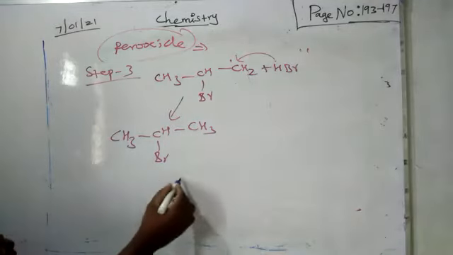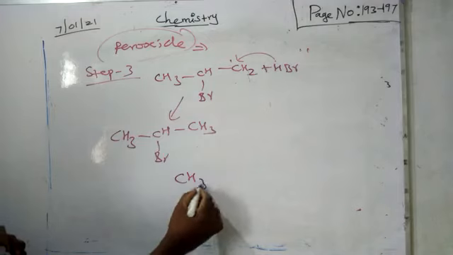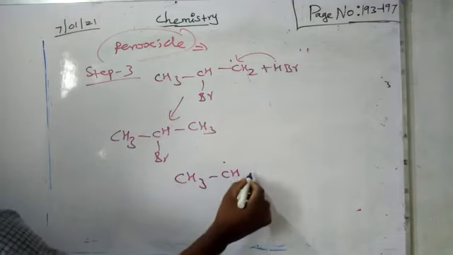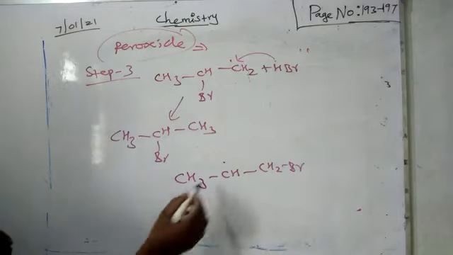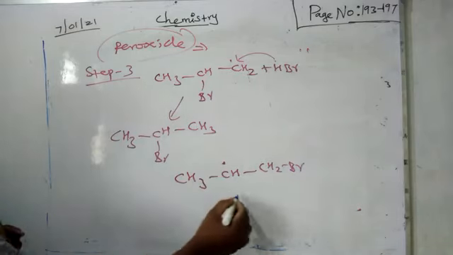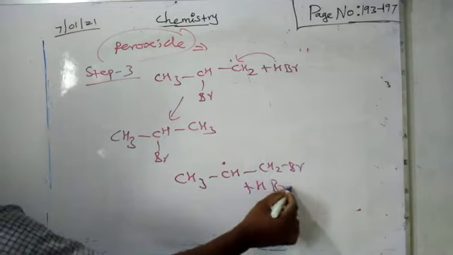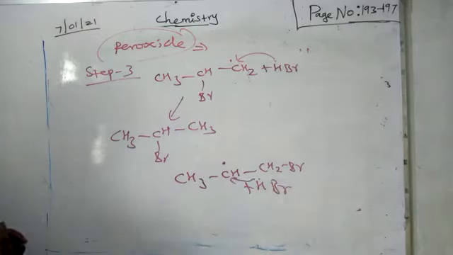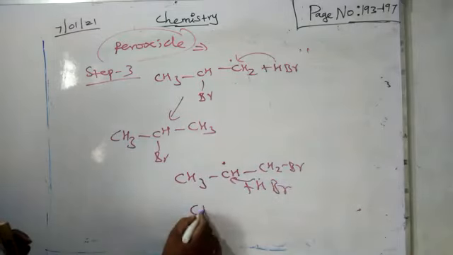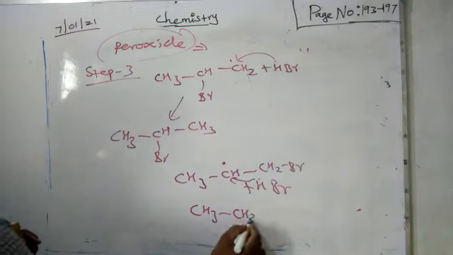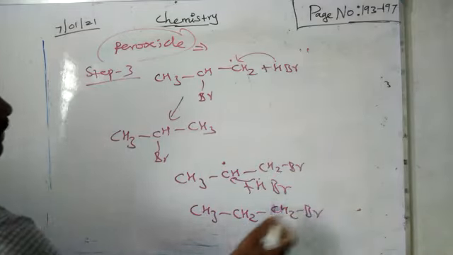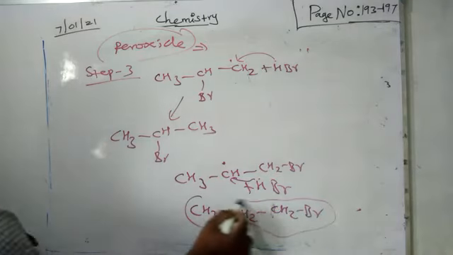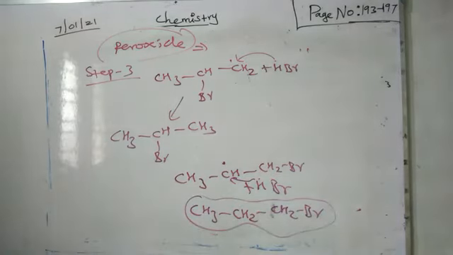Otherwise, the second type of free radical, CH3, CH dot, CH2Br. In the second type, the secondary free radical, if you add HBr, H may attack the CH free radical. Now CH3, CH2, CH2Br. So this formation is the major product formation.